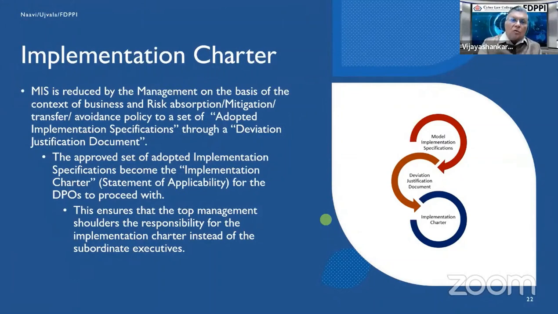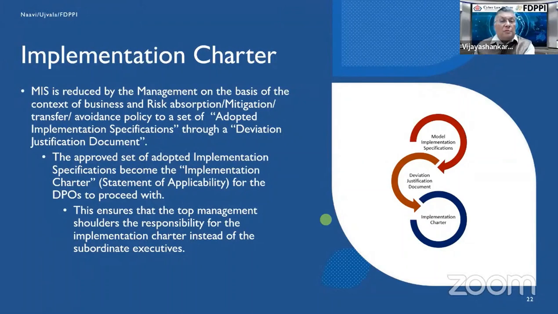So the DPO in terms of implementation will look at the MIS, that is the model implementation specification which the DPCS seems to suggest, but the management has taken the responsibility to absorb certain risks within itself.